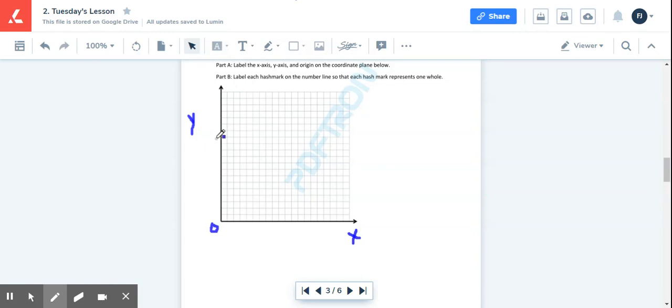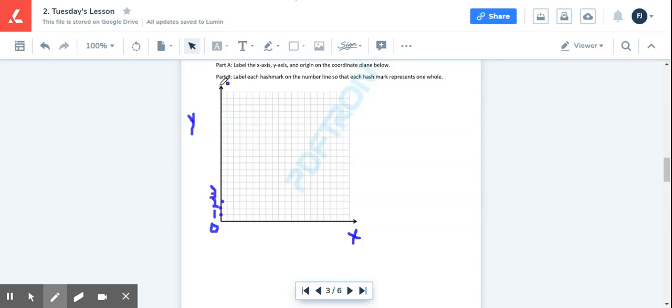Part B, label each hash mark on the number line so that each hash mark represents one whole. So I'll label this 1. That's one hash mark. 2. 3.